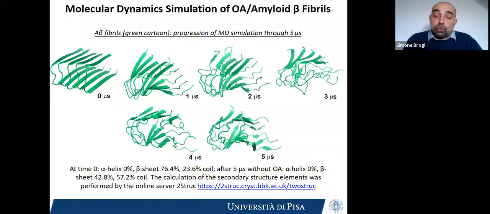Also, the calculation of the secondary structure elements shows that the content of beta sheet is maintained high, and no formation of alpha helix was found. In fact, the percentage of alpha helix motif detected during this 5 microseconds of simulation remains zero.